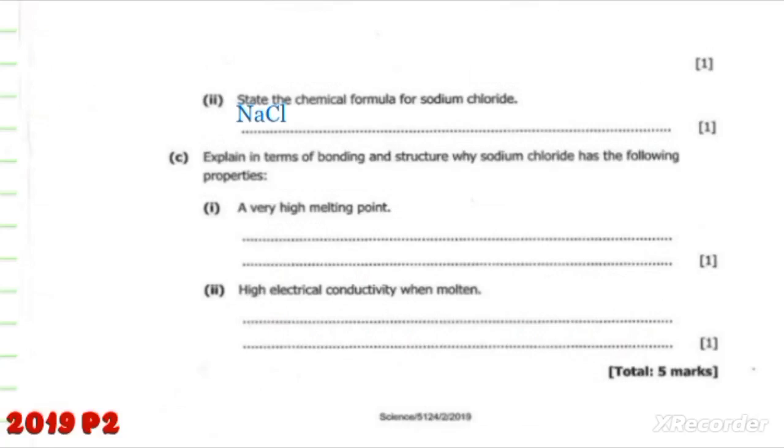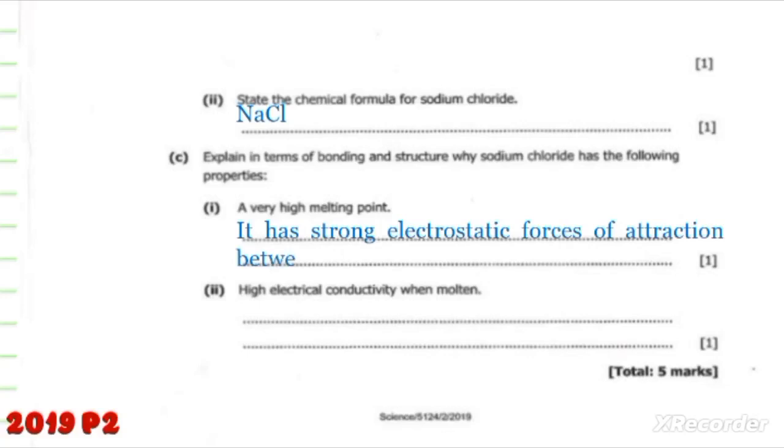Let us move to the next question, question C. Explain in terms of bonding and structure why sodium chloride has the following properties. C, Roman numeral 1, a very high melting point. The reason is that ionic compounds have a strong electrostatic force of attraction between ions.